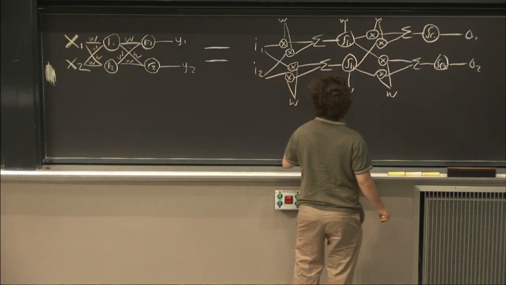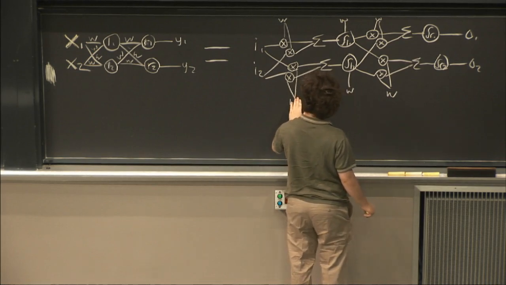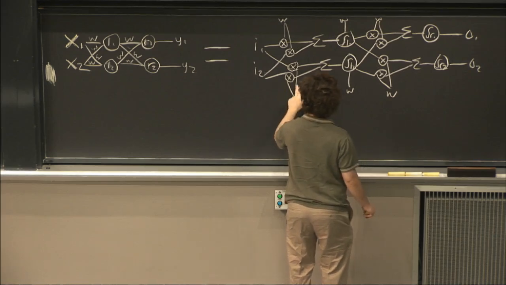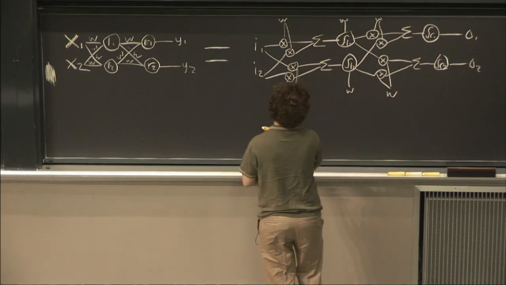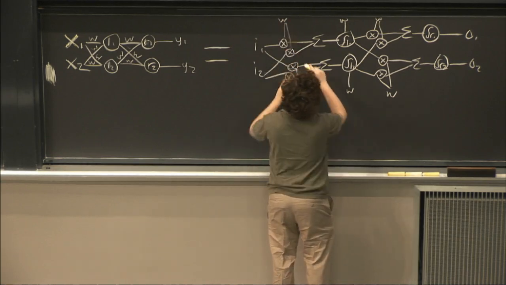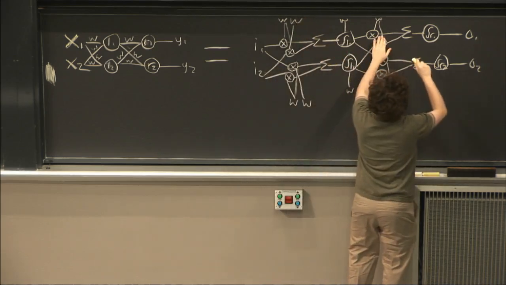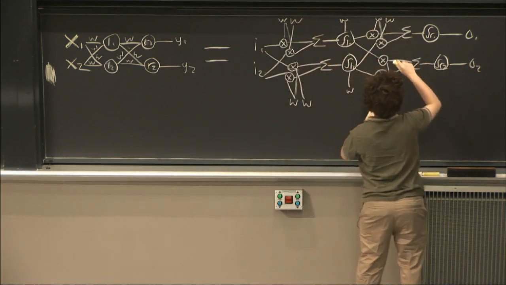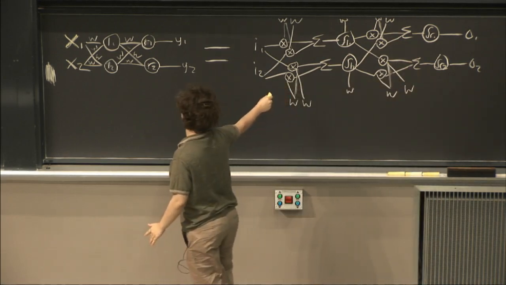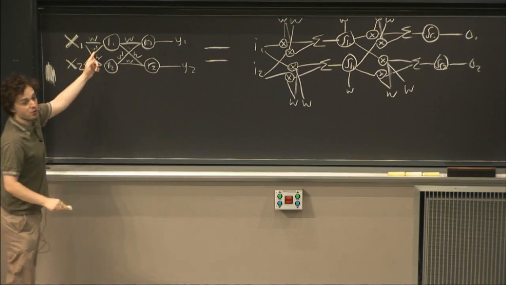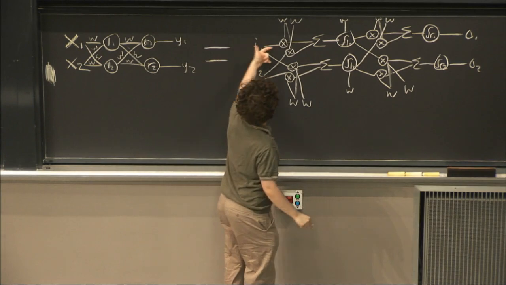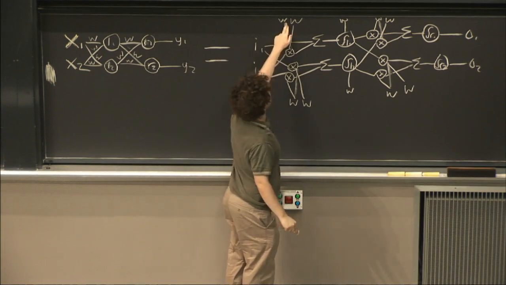Actually, the better way to draw it would be like so, since each of these can have their own W, which is different. So each of the W's that are down here are being explicitly sent through a multiplier, whereas here you just had to remember to multiply the weight by the input that was coming by. Here you see an input comes to a multiplier, you multiply by the weight.